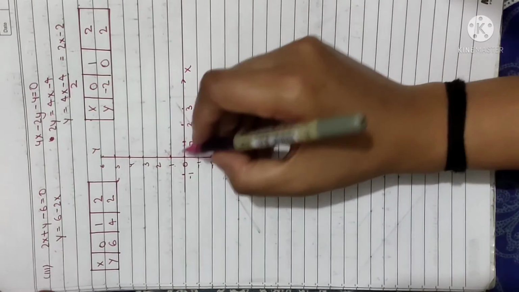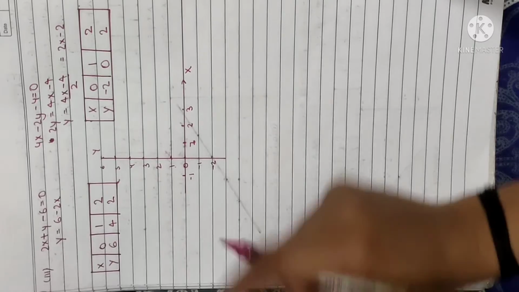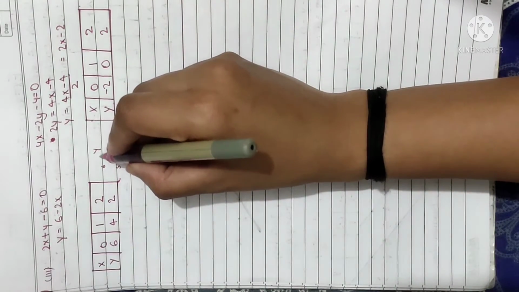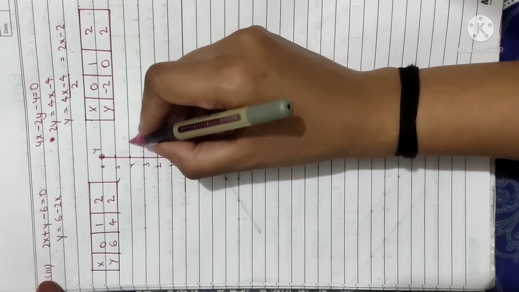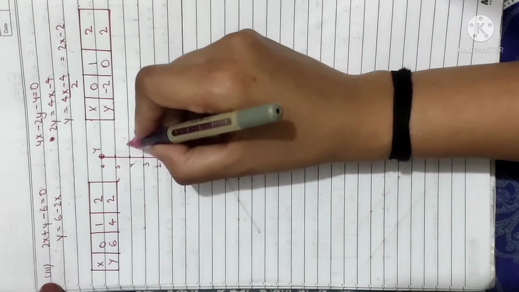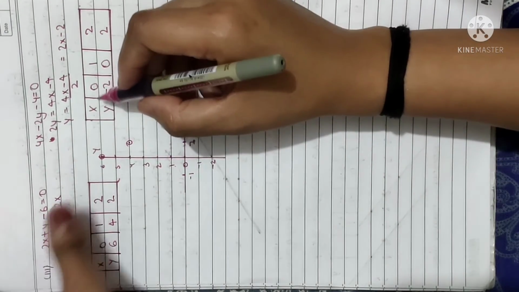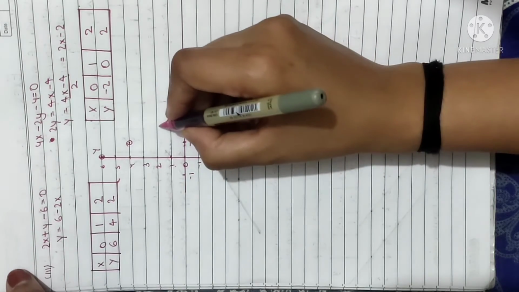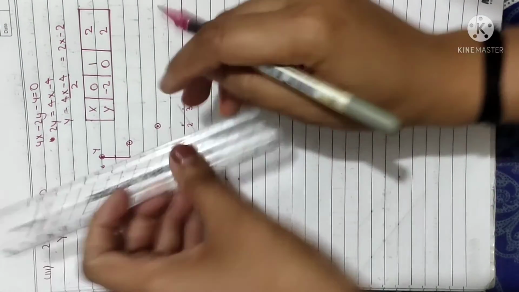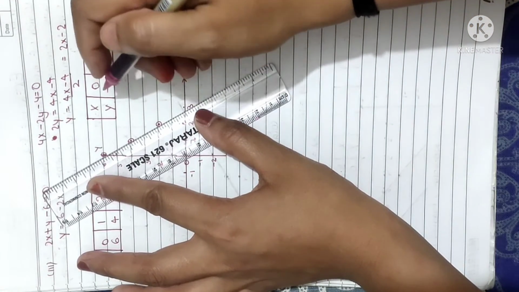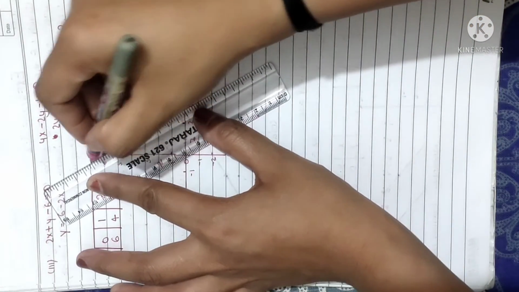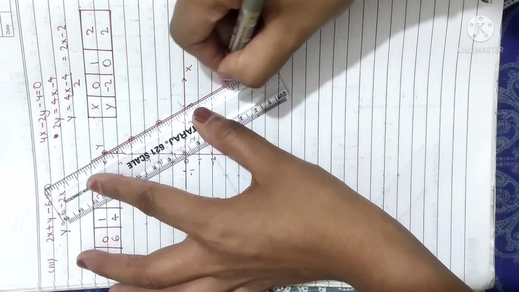When x equals 0, y is 6, this point. When x equals 1, y is 4, this point. When x equals 2, y is 2, this point. When we draw a straight line through these points, it will be this.